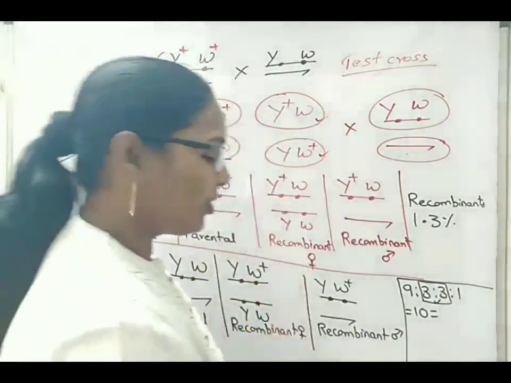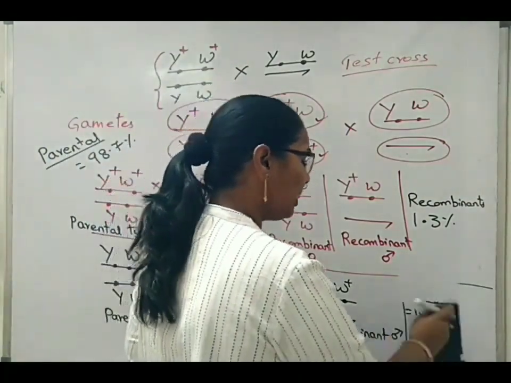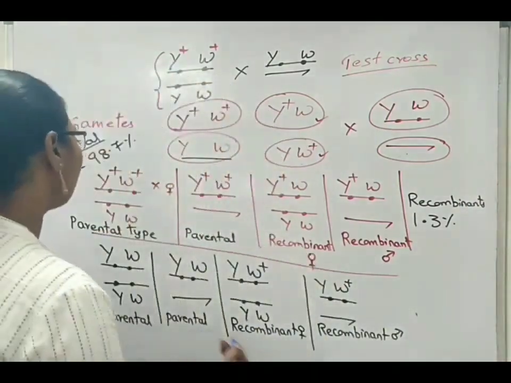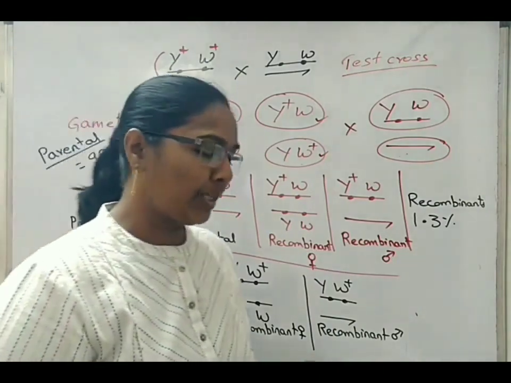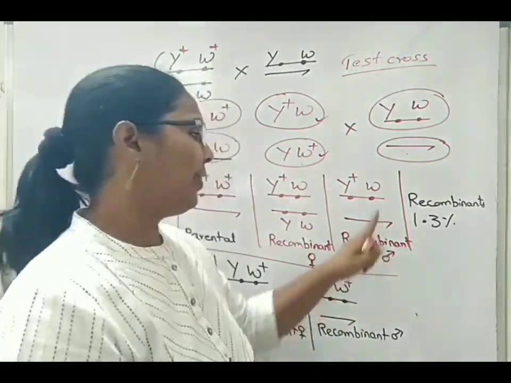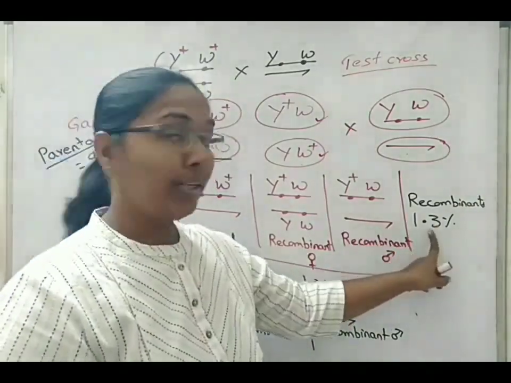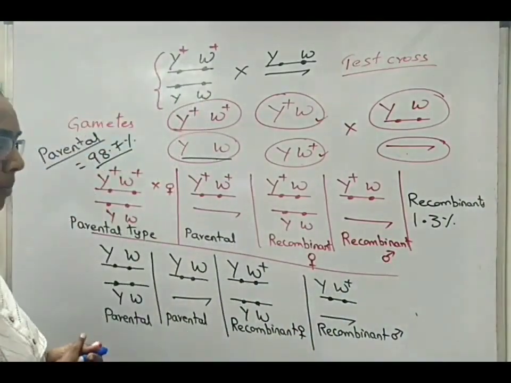So in case of Morgan's experiment, compared to this 10, still some more are giving parental combinations. That some more is equal to 98.7% expressed as parental combination type of alleles, and a very, very negligible number, 1.3%, are considered as recombinants.